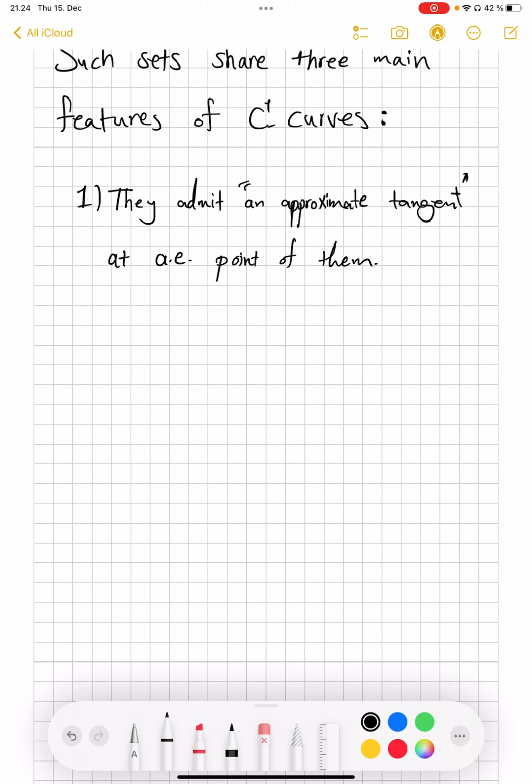Of course, these all need precise definitions for them to really make mathematical sense, but for now, that's as much as we want. So number one, that's the property they share and makes them similar to C1 curves.